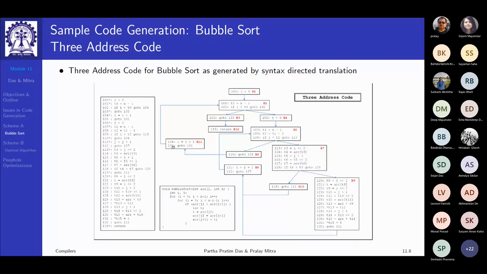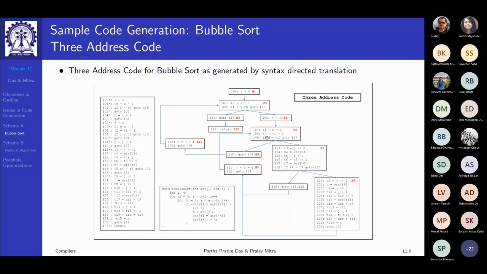Based on that, I generate the control flow graph here, where you initialize I to 0. Then primarily you compute n-1 and do the check. Based on that, you decide whether you should terminate the whole loop and go to B3, which is this return, finally to B12, or you will have to continue with the loop.